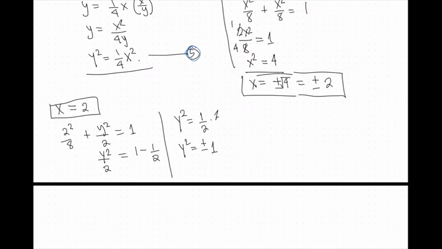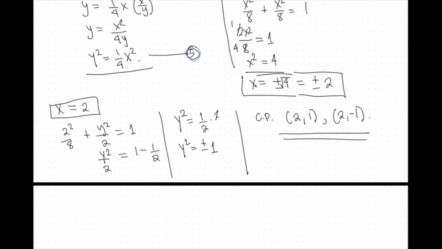Okay, so we get critical points when x is equal to 2. Here we get the points in this constraint: 2 and positive 1, and also 2 and negative 1. So we will list this down.